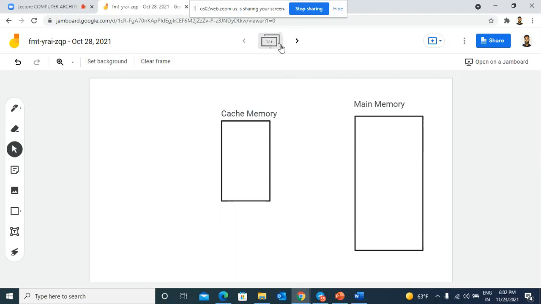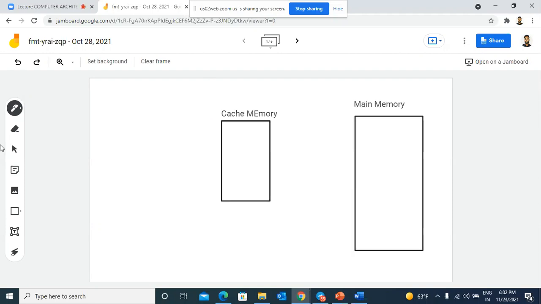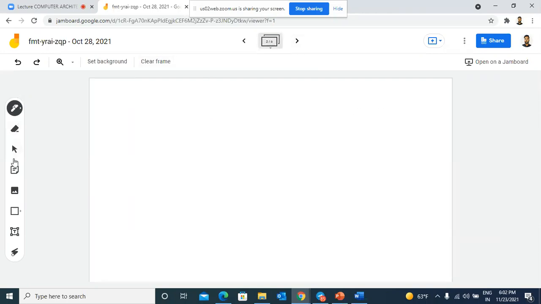Generally when we talk about memory in the computer, we say memory in the form of bit and byte.